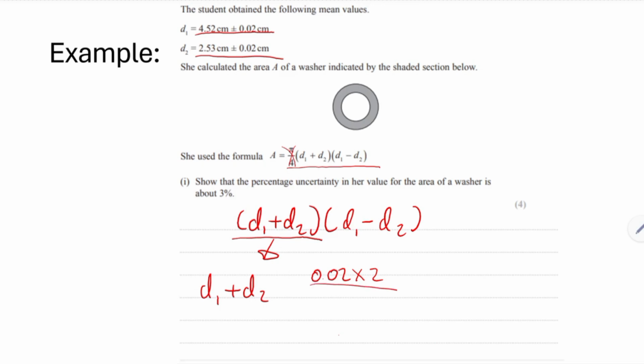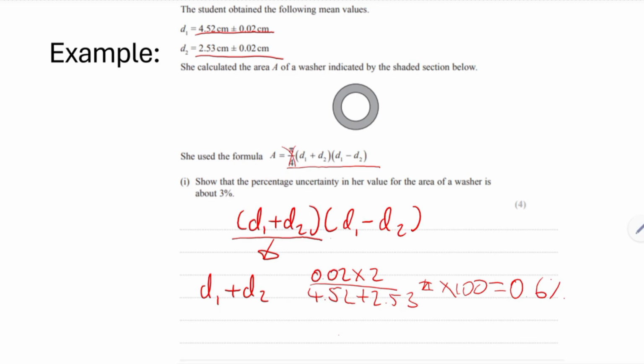And because they're added together, we just need to add 2.52 plus 2.53. So you do 0.02 times 2 over 2.52 plus 2.53, and you times it by 100 at the end, and the answer to that will be 0.6%.